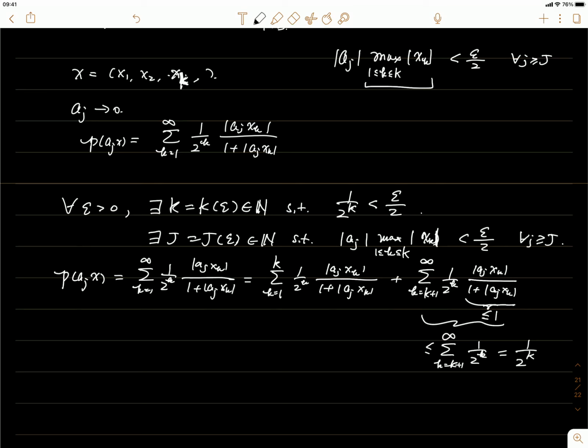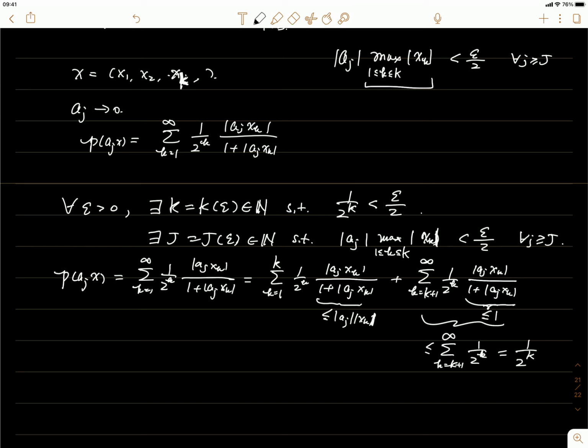On the other hand, I know that this first term, because the denominator right here is greater than or equal to 1, so that means this whole thing here is less than or equal to aj times xk. Right? So that's why this thing is less than or equal to aj times xk. But now you combine, there are only capital K terms.